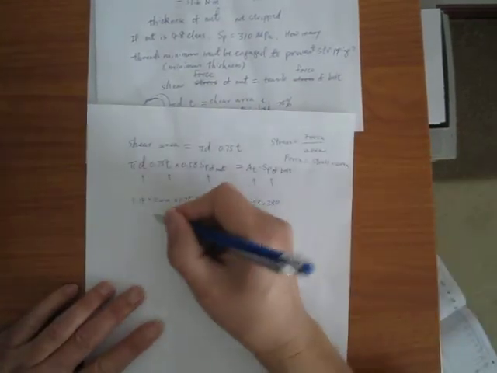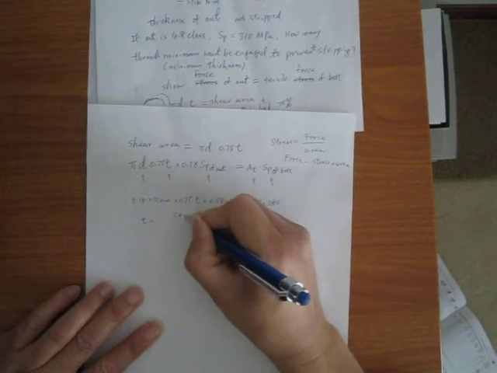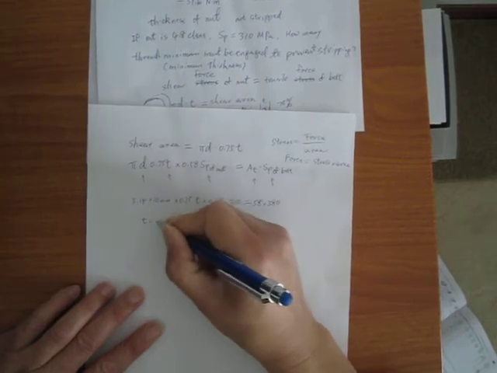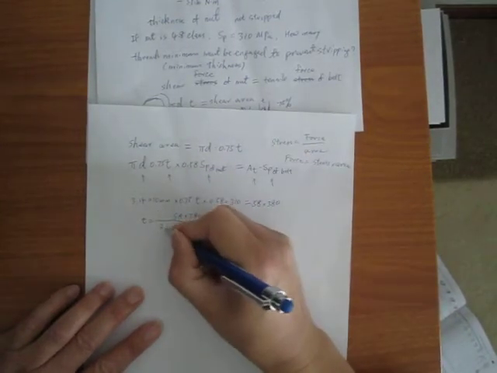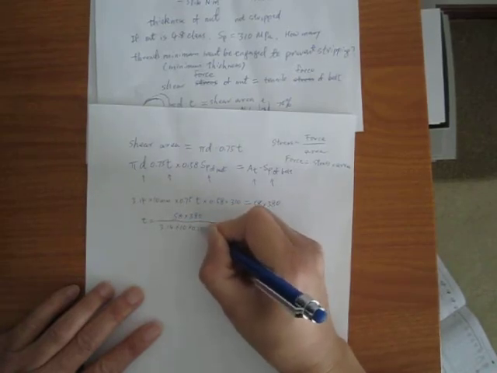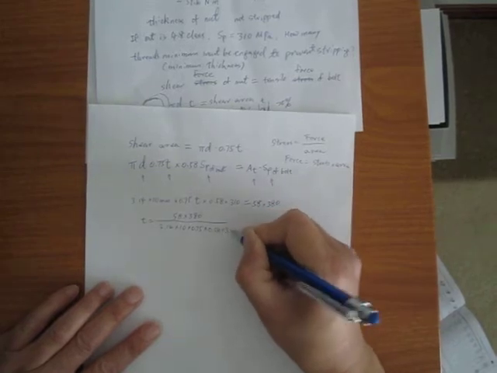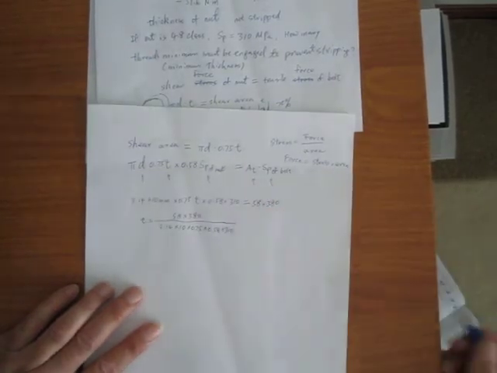So t is equal to 58 times 380 divided by 3.14 times 10 times 0.75 times 0.58 times 310. Be careful in your calculation, okay?